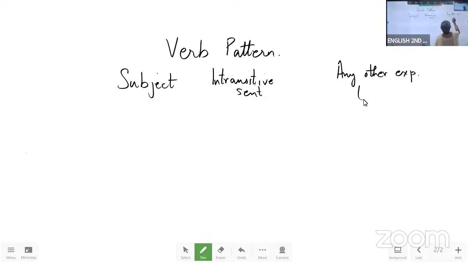And in brackets, you will notice it is written as optional. You can fill it or you can leave it blank.